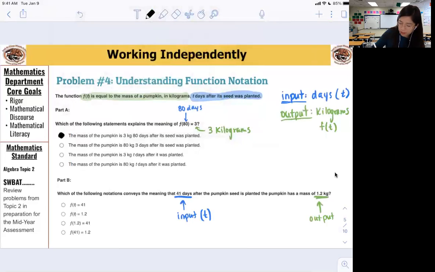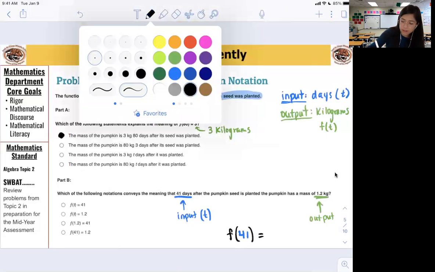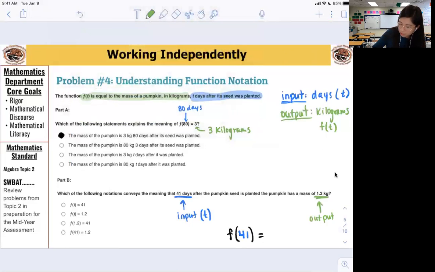So I know that the 41 has to go in the parentheses, because that's the input. And the mass is what that function is equal to, because that's my output. So f of 41 equals 1.2. That would be answer choice D.